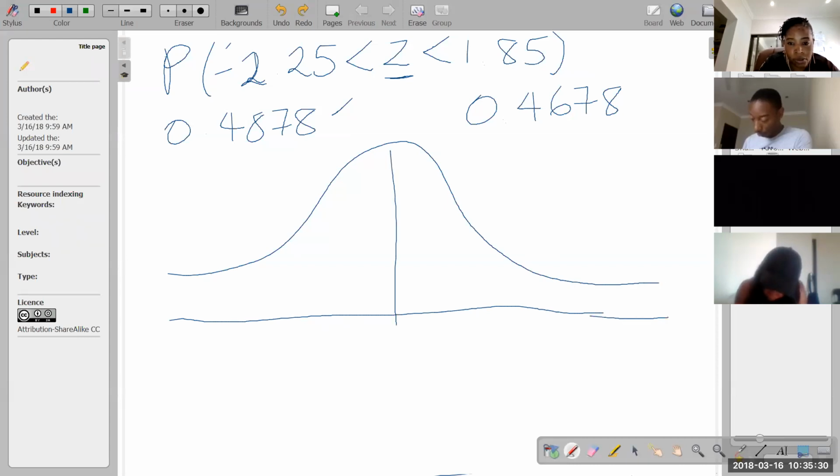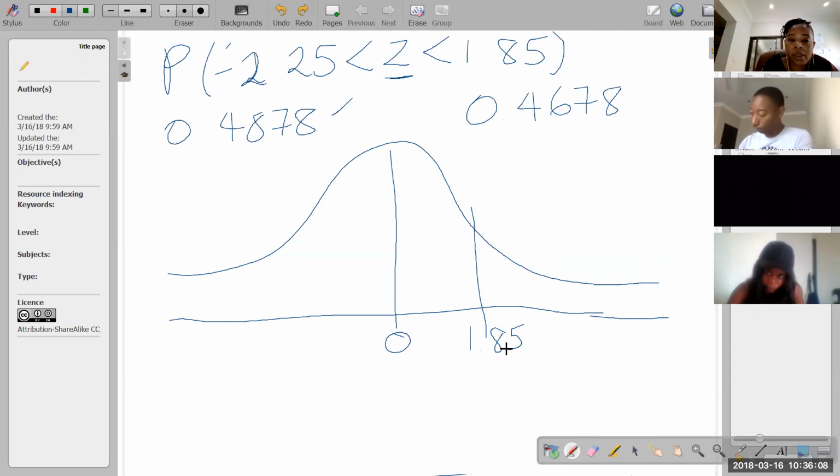This is the middle. You remember we said when you standardize, it has a mean of 0 and a standard deviation of 1. So this is our middle at 0. Because we have a negative number, minus 2.25, we're going to pretend that this is the origin. Everything to the right is positive, everything to the left is negative. So we're going to mark our 1.85 on the right of this 0.